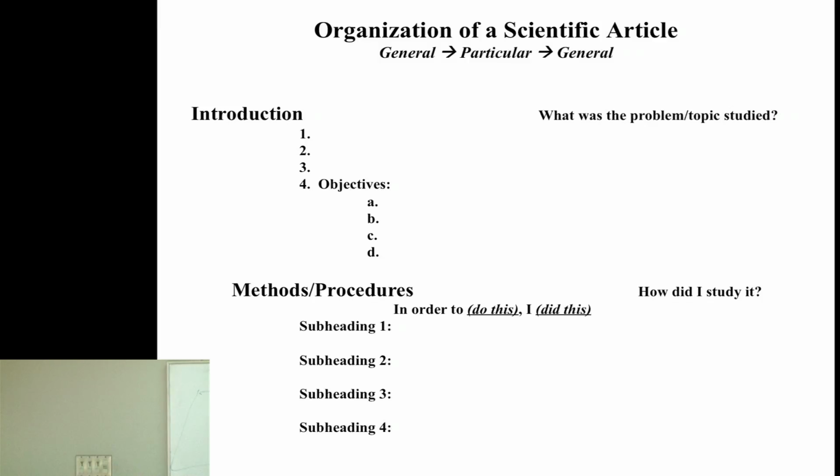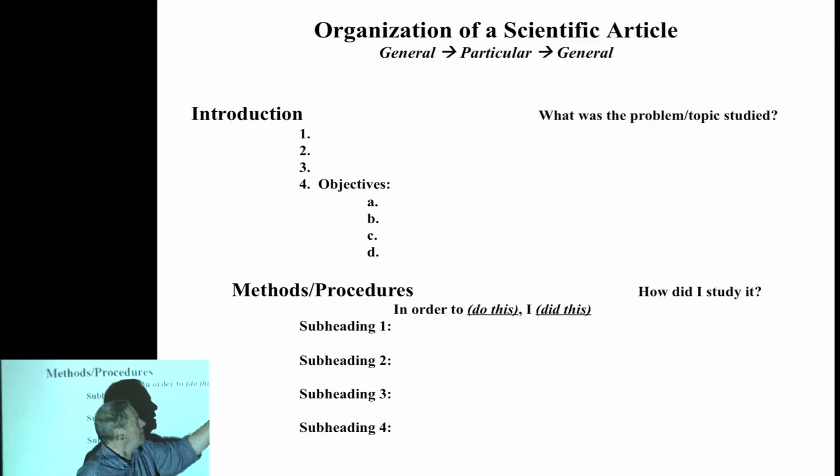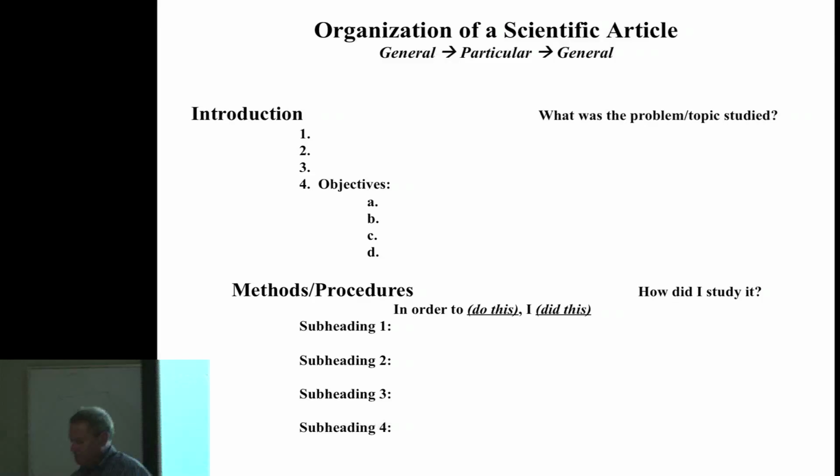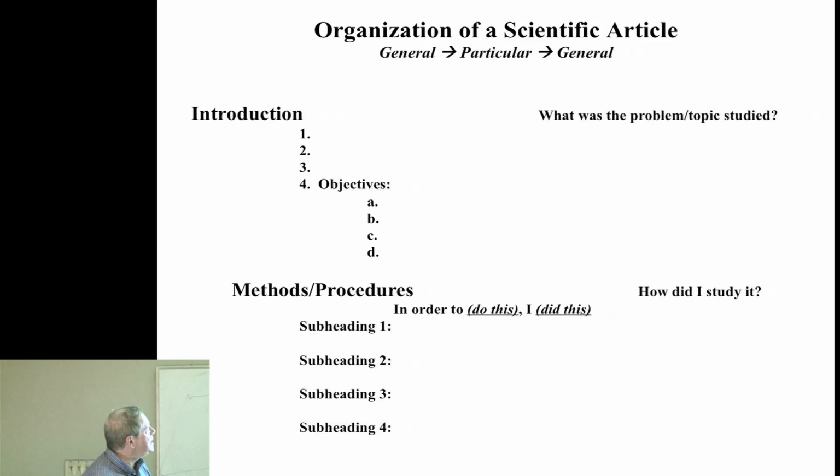So, for example, in order to extract DNA, I did this technique. So that forces you to think of what the big question is. In order to do this, I did this. Now, the key, though, is picking out your subheadings, your topics that you would use.